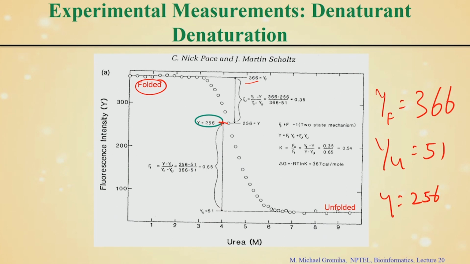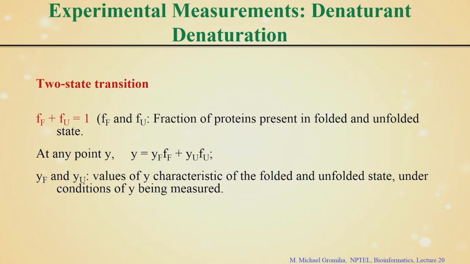If you take any point, then the contribution from folded plus the contribution from unfolded equals 1, right. Here fully folded, here unfolded, and any point in between is a fraction. The fraction y you can give as: this is the fraction for the folded state and here is the fraction for the unfolded state, y equal to yf into ff plus yu into fu.